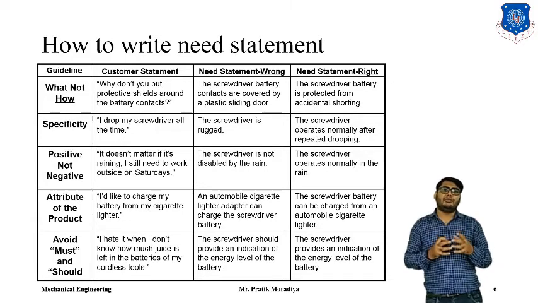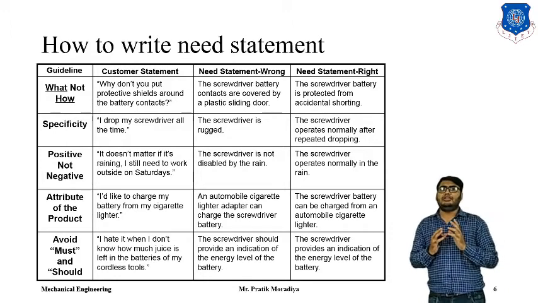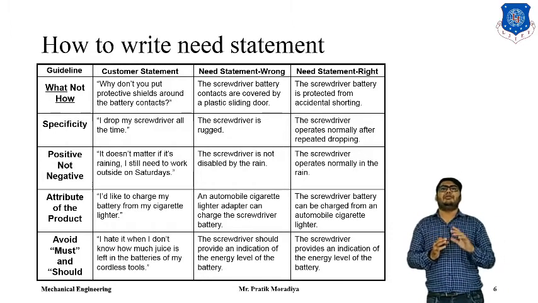What the customer wants is not a shield around the battery; they want to prevent accidents. So rather than writing how you prevent accidents, that is, giving the shield around the battery, you should write what they want. They want prevention of accidents. So the need statement should be prevention of accidents.